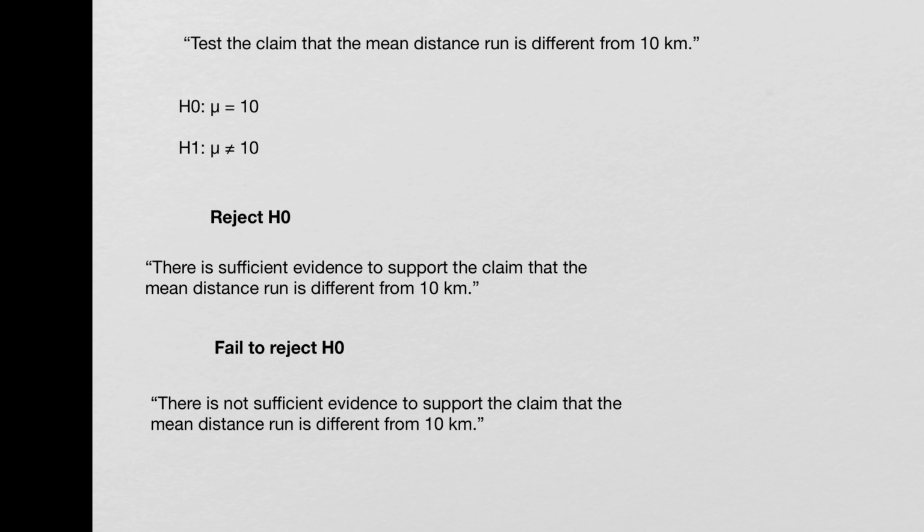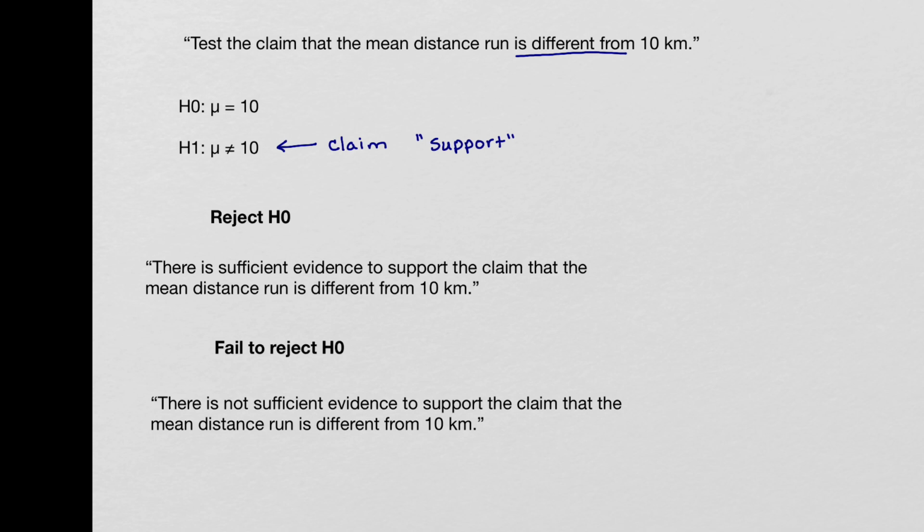So, since the claim is that the mean is different from 10 kilometers, that makes the alternative hypothesis the claim. And when the alternative hypothesis is the claim, we're always going to use the word support in our final statement.